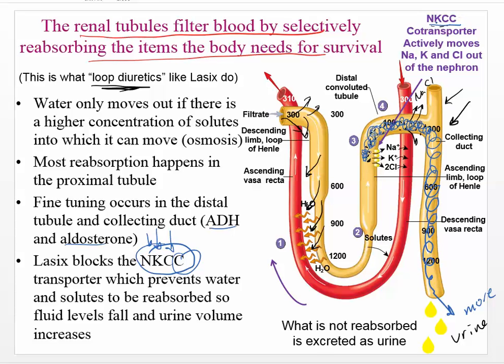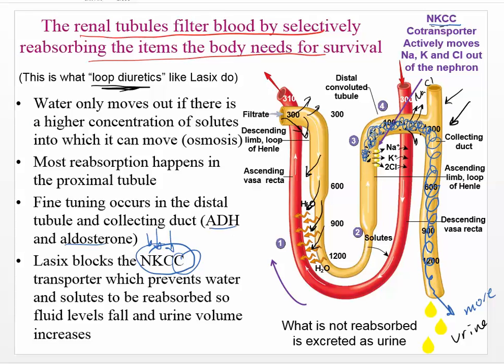The NKCC is the sodium potassium chloride cotransporter. Either way, it blocks this right here and doesn't let the sodium, potassium, and chloride leave the way it's supposed to. So Lasix blocks that, which prevents water and solutes from being reabsorbed, so fluid level falls in the body and urine volume increases. That's kind of what I demonstrated there.